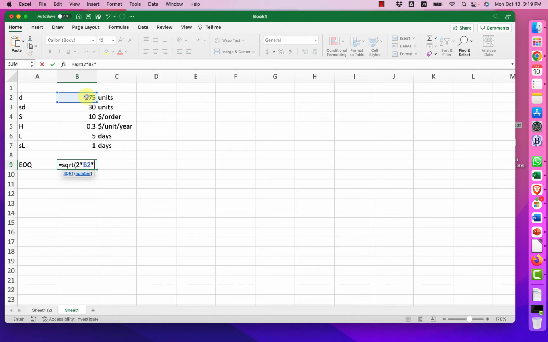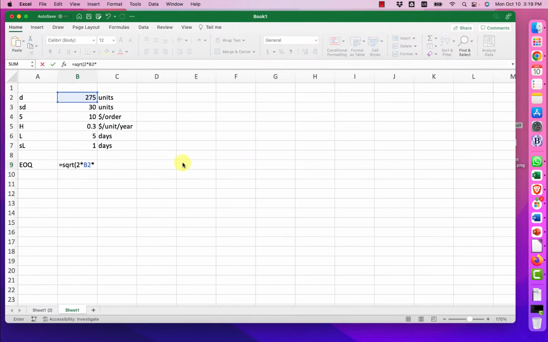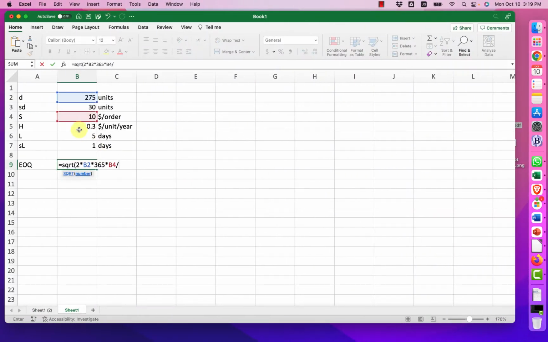So I have to multiply it by the number of days in the year that we are open for. The lodge is open 365 days a year, so multiply it by 365 to get annual demand. Then multiply it by the ordering cost. And we divide by the holding cost, capital H.